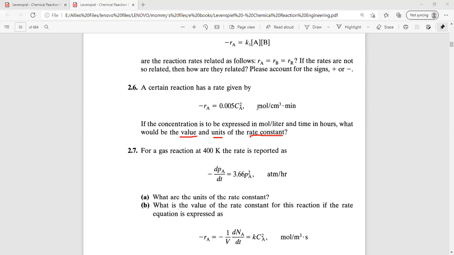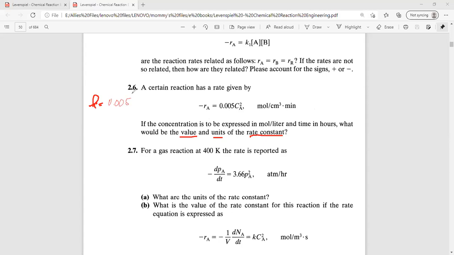In the original expression that is provided, what is the rate constant, Sarah? 0.005, miss. Correct. So I will write it here. Your rate constant is equal to 0.005.